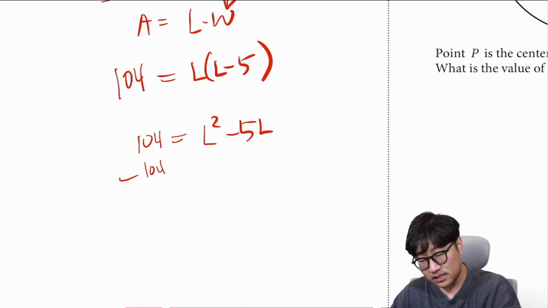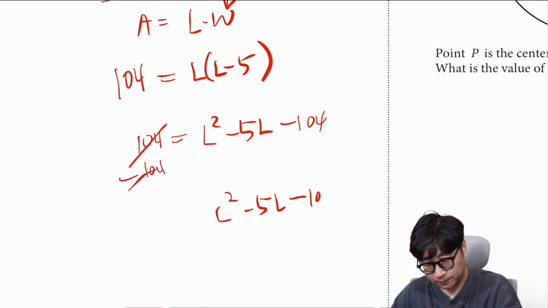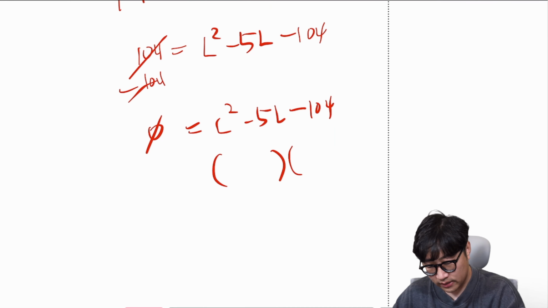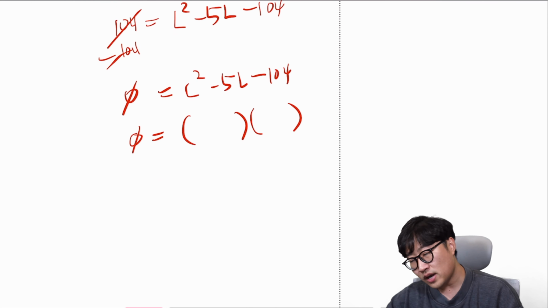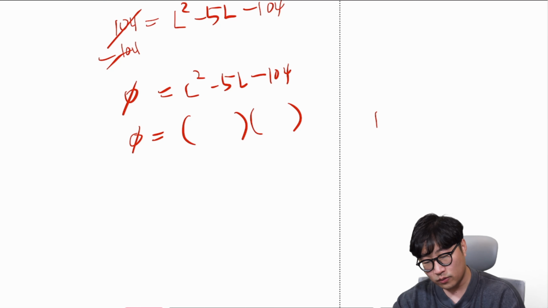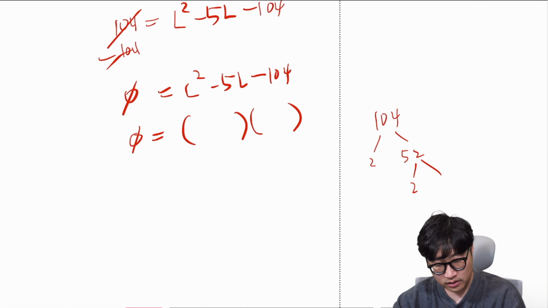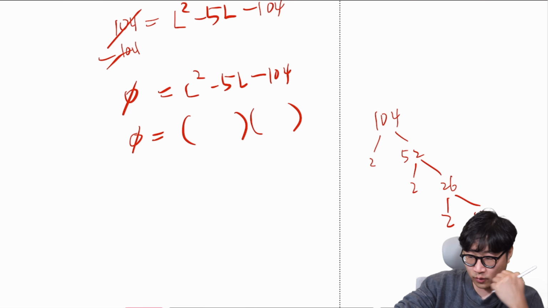Subtract over to one side and set it equal to 0, and this becomes a factoring problem. The only problem is it's a little bit funky math, but it's okay. Just try some numbers out. So 104, if you break that down, that'll be 2 and 52, and then 2 and 26, and then 2 and 13. So there are some factors of 104.